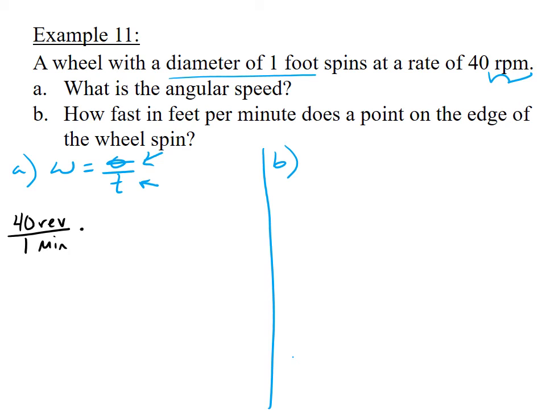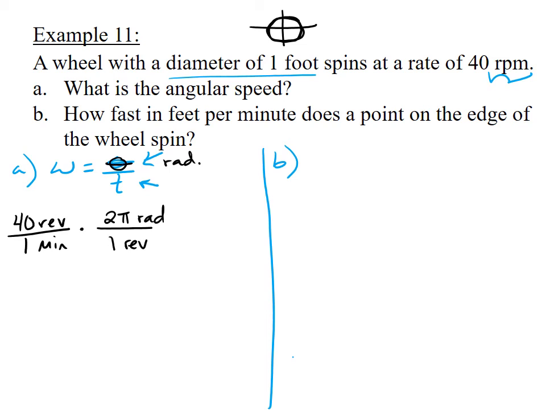Now let's think about one revolution. We know that one revolution, one full circle, is 2 pi radians. And I know that theta needs to be measured in radians.